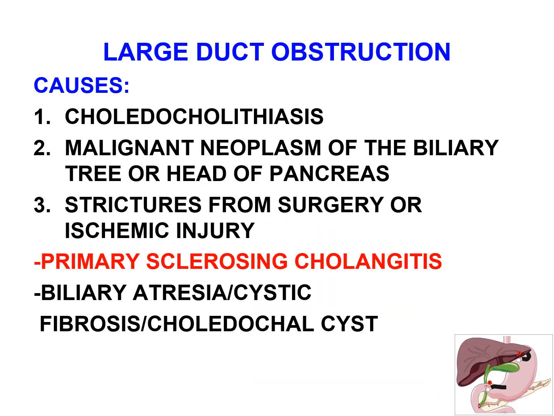Let's now go to the large bile duct obstruction. Obstruction of the large bile ducts has diverse causes. In adults, the most common causes are stones, or cholelithiasis, and malignant neoplasm of the biliary tree or head of the pancreas. Usually, these are adenocarcinomas, and also strictures resulting from previous surgical procedures or ischemic injury.